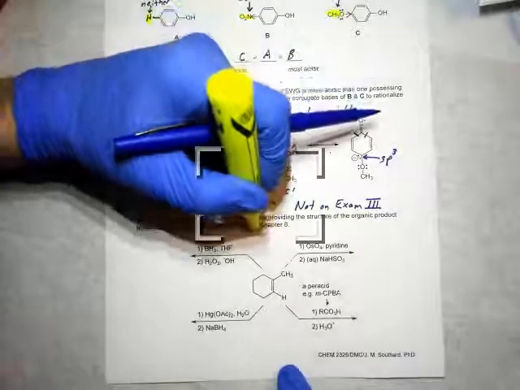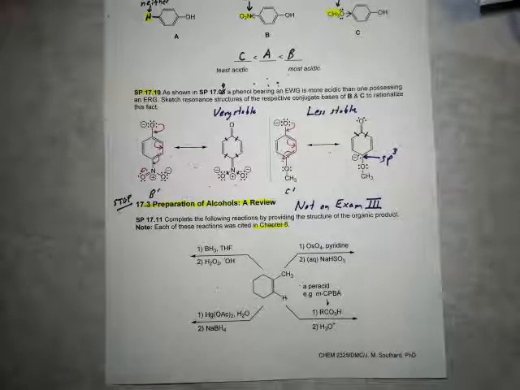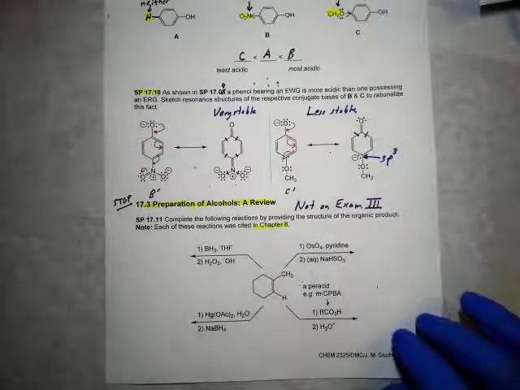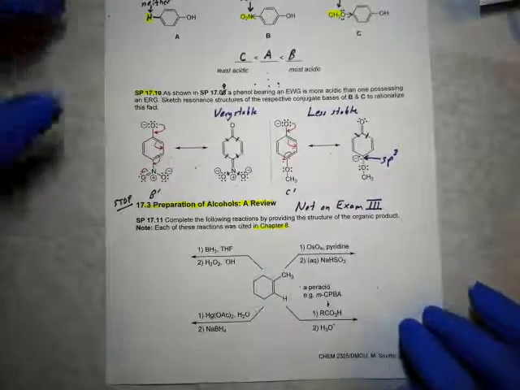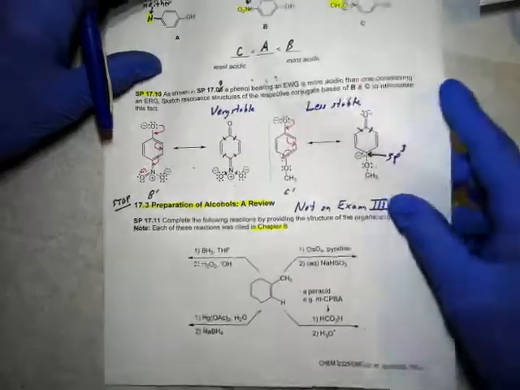But if you want to do these on your own, these were things that we had back in chapter 8, and if you had me for organic, I provided you with a series of pages that had all the reactions for chapter 8 as well as chapter 9. Okay, that being said, let's move over to page 90.